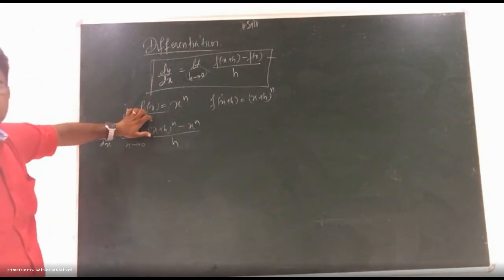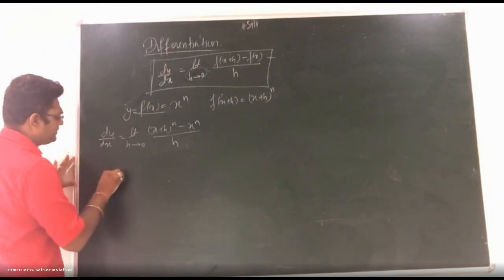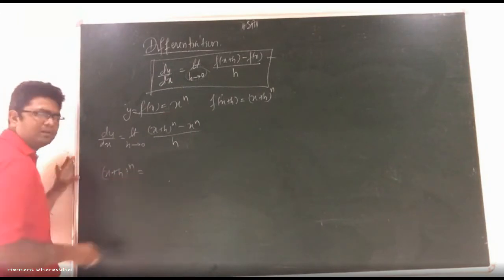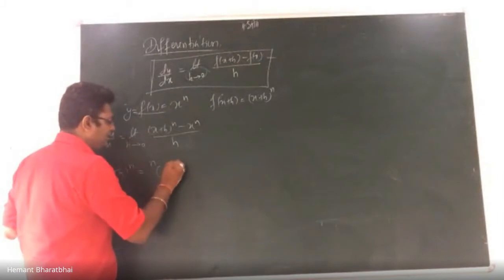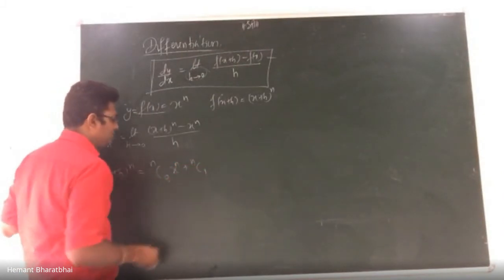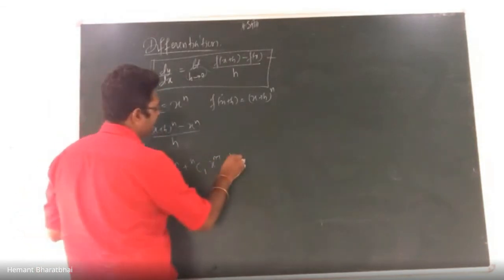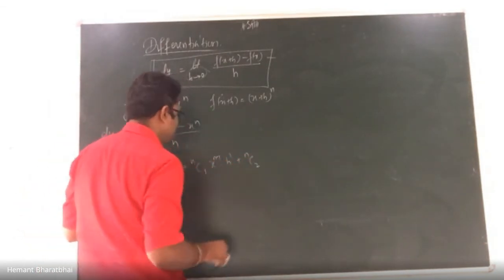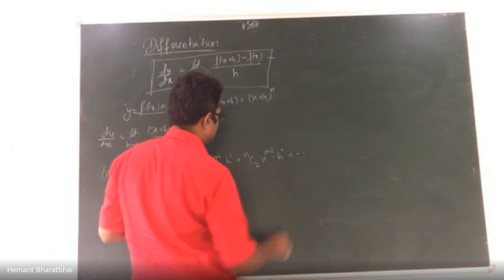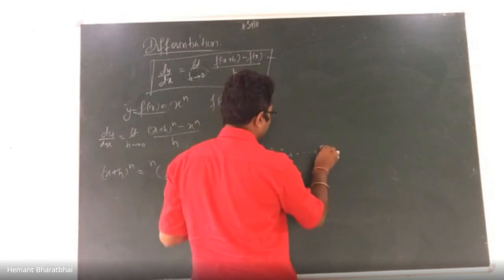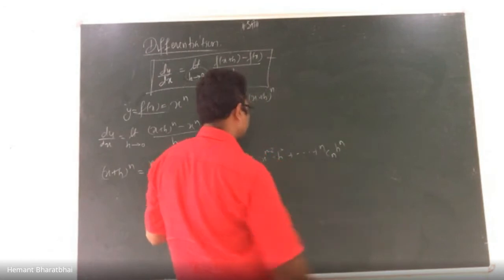Now we will have to solve this by the binomial theorem. By the binomial theorem, x plus h the whole raised to n can be written as nC0 x raised to n plus nC1 x raised to n minus 1 into h raised to 1 plus nC2 x raised to n minus 2 into h square plus and so on. The last term will give me nCn x raised to 0 into h raised to n.